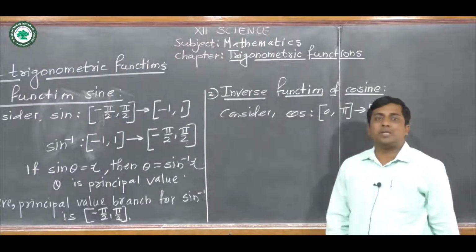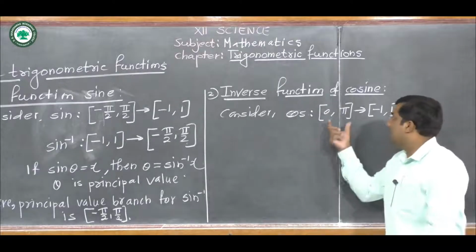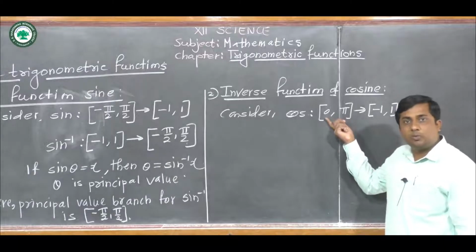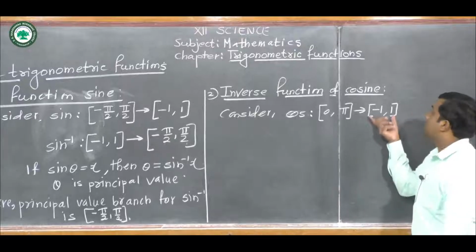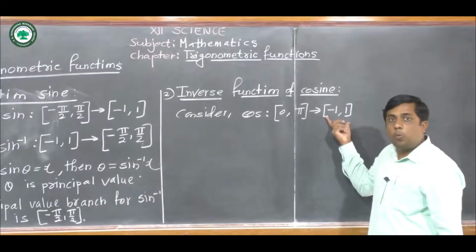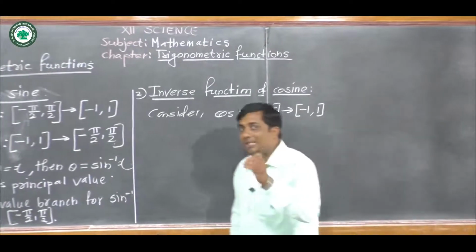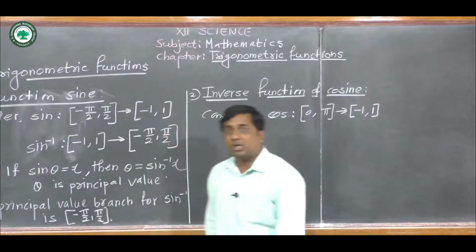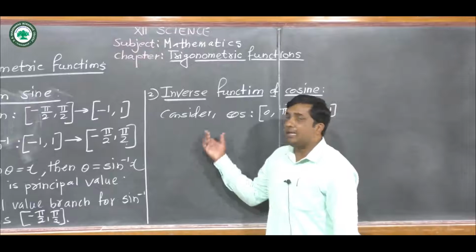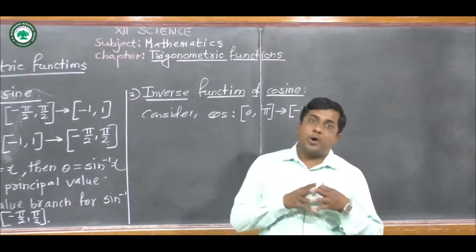The domain for the given trigonometric function is closed interval 0 to pi, and the range is minus 1 to 1. By considering the domain and range, we say it is one-one and onto.